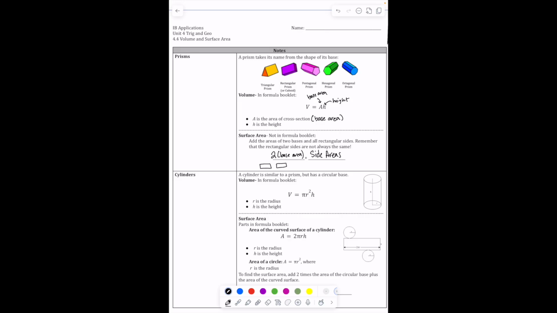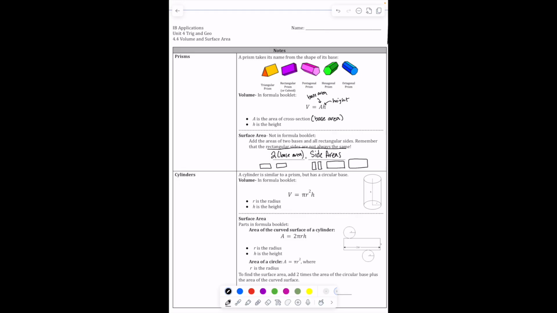And a note we have here is that the rectangular sides are not always the same. They would be if it's a square or a regular polygon for the base, but we see here we have one short side and one long side. So for our side areas, we'd have 2 that connect with the smaller sides, and we'll have 2 that connect with the longer sides.